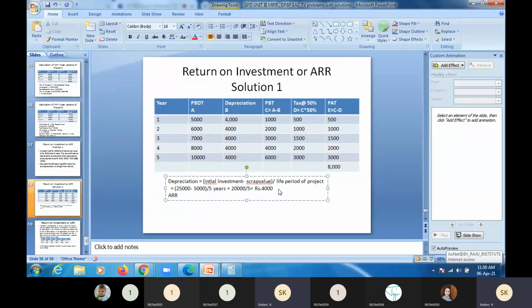ARR is equal to average profit divided by average investment.